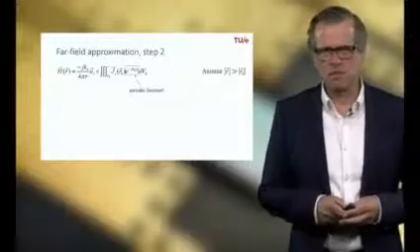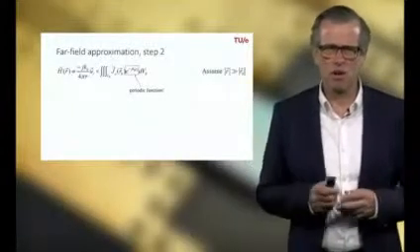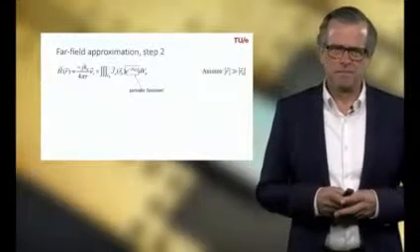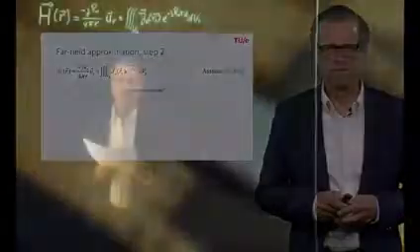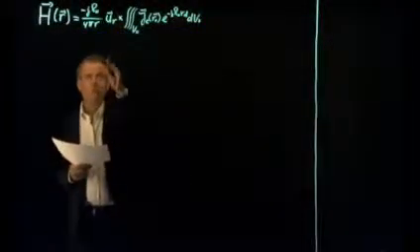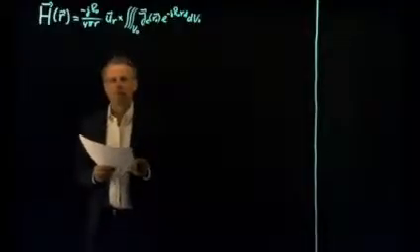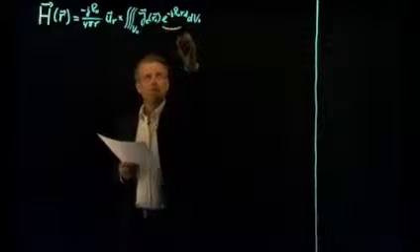And there it's more difficult because there you could also say, well, RD is almost equal to R, but that's not good enough because this is a periodic function. And we have to look into it in a little bit more detail. So we have to work out this expression for the H field in more detail. And this is already a cleaned up version, but we still need to work out the exponential term here.